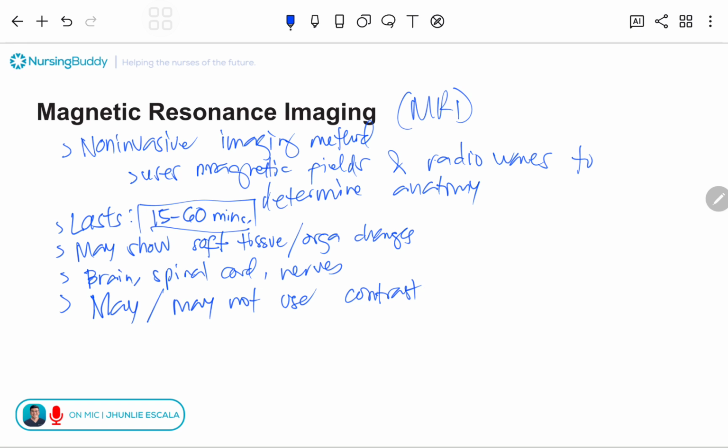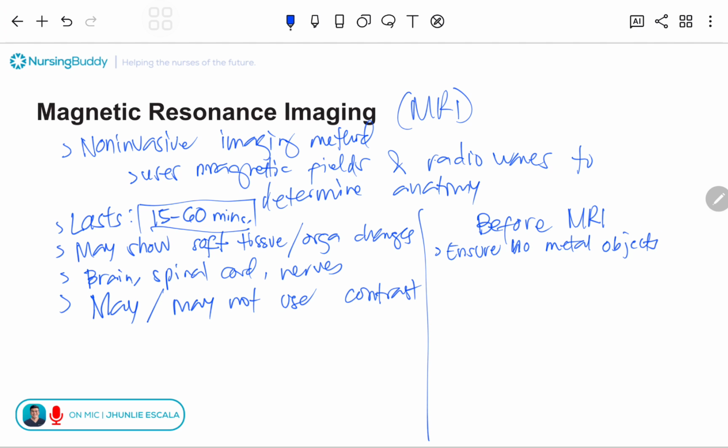So, what you need to think about now is, what are the considerations that we need to have? So first, let's discuss what should be the consideration of the nurse before MRI. Kapatid, you need to ensure that the client has no metal object sa ating pasyente. Okay?